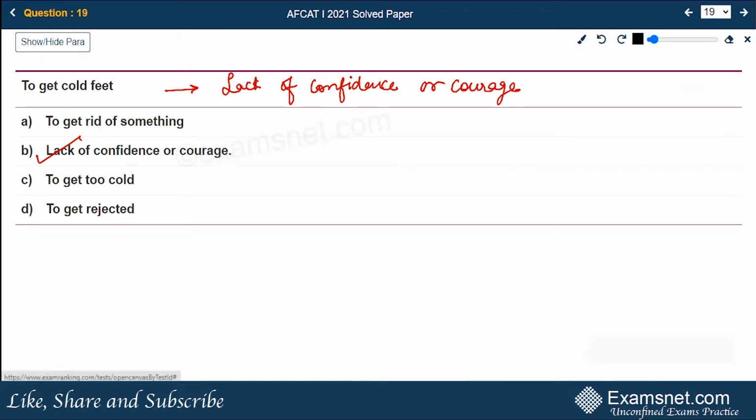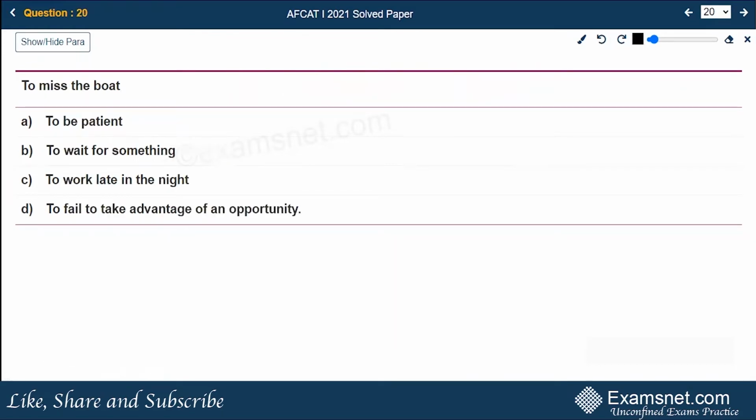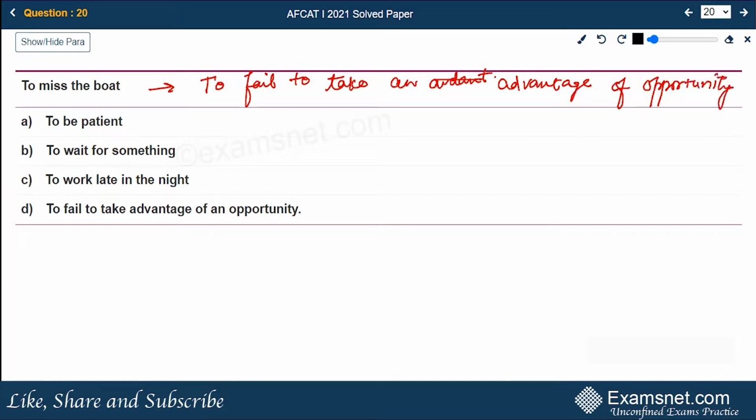Next, question number 20. To miss the boat. To miss the boat means to fail to take advantage of an opportunity.